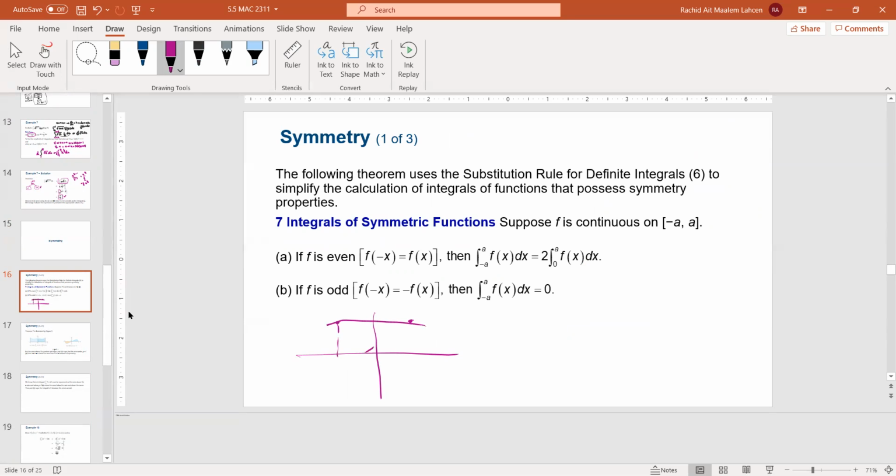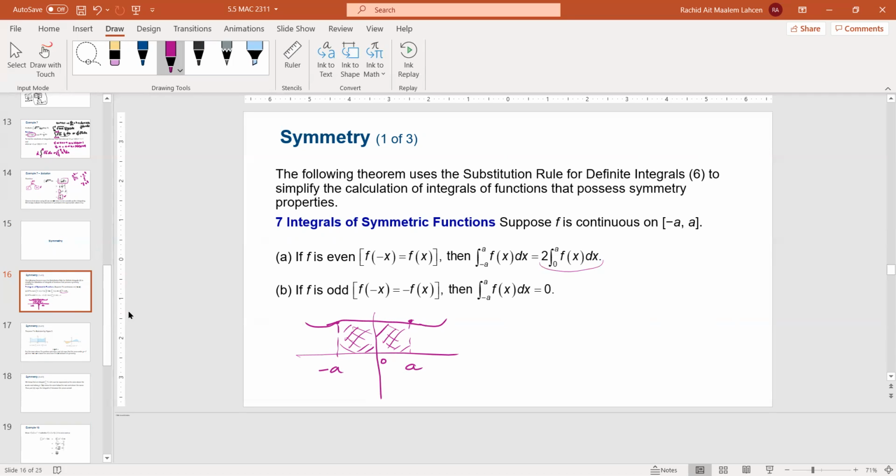Let's say this is an even function, and let's say we're taking the integral from negative a to a. You see in this case, these areas are the same and they're both positive.